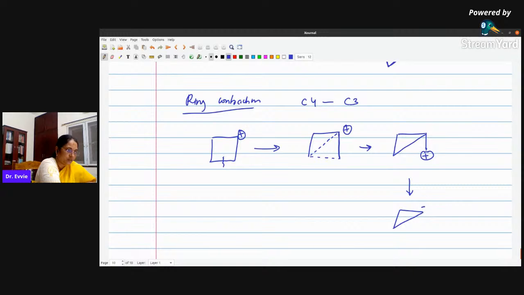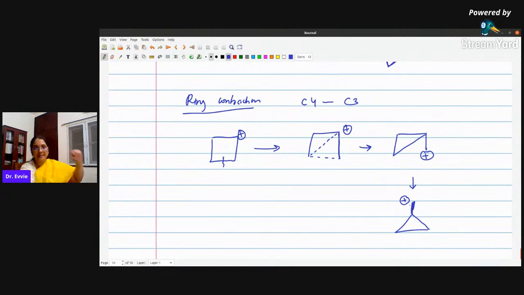You can move here to this positive charge. No, sorry. I think I made a mistake. It's correct. I will rewrite it. I think I've already just now told you, right? So we can write it like this. Do you remember the carbocation?